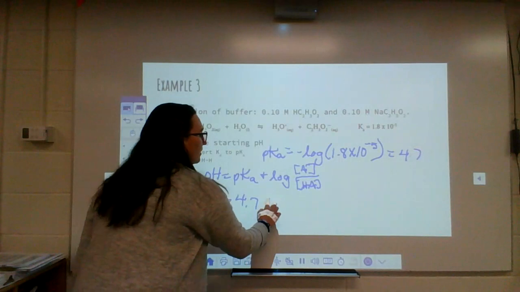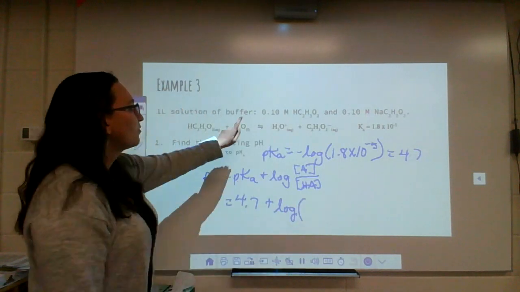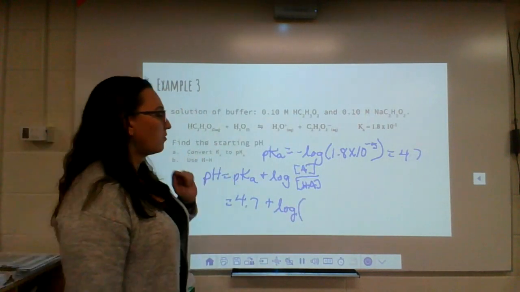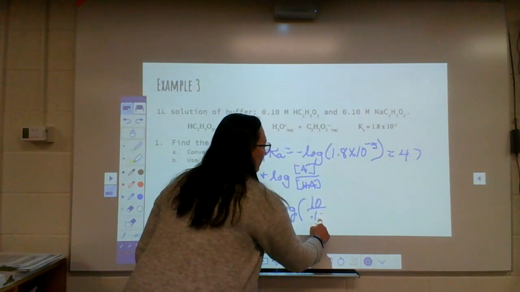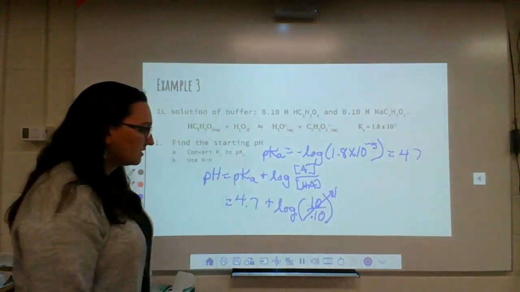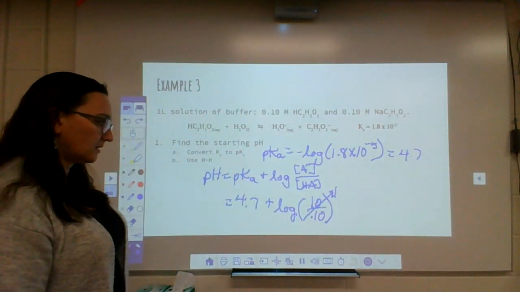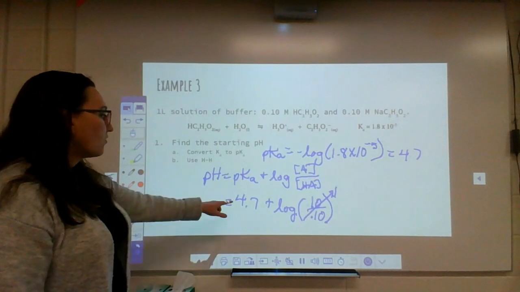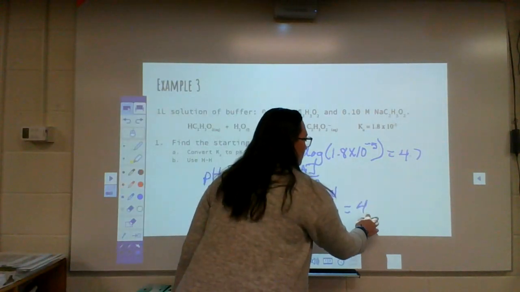And then I'll have the log of 0.1 divided by 0.1. So again, this ratio is 1. 0.1 divided by 0.1 is 1, and the log of 1 is 0. So 4.7 is going to be our pH.